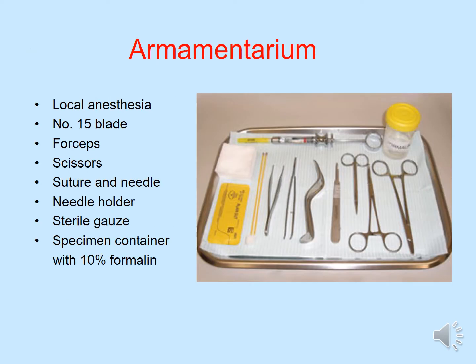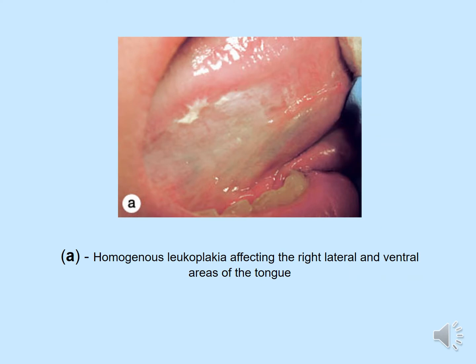For the armamentarium, we need local anesthesia, a number 15 blade, forceps, scissors, suture and needle, a needle holder, and sterile gauze.